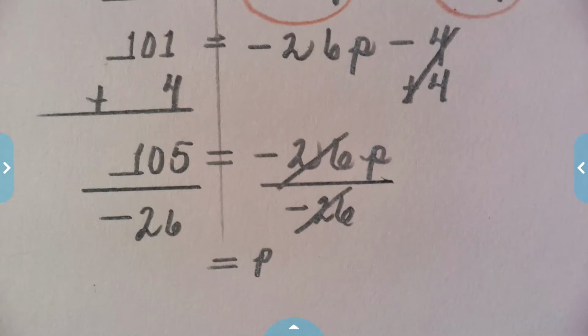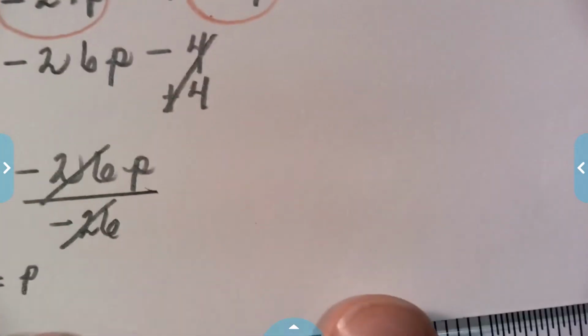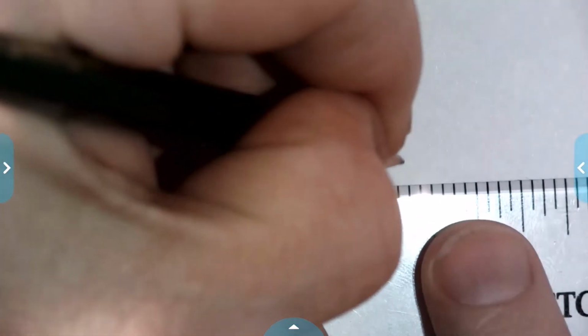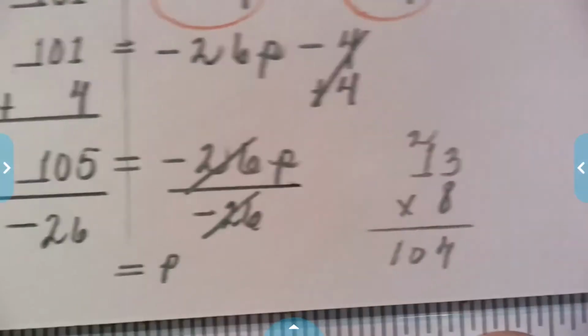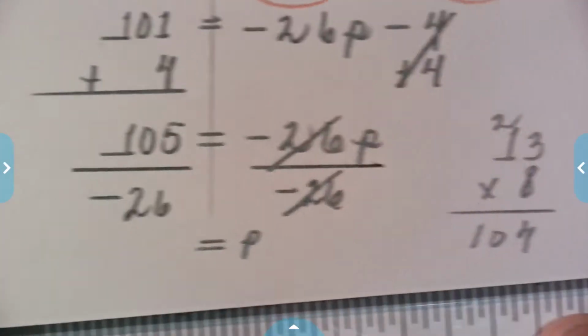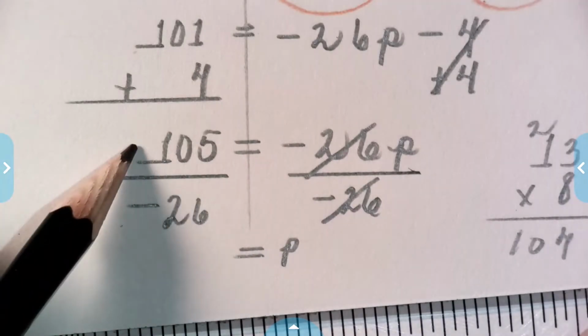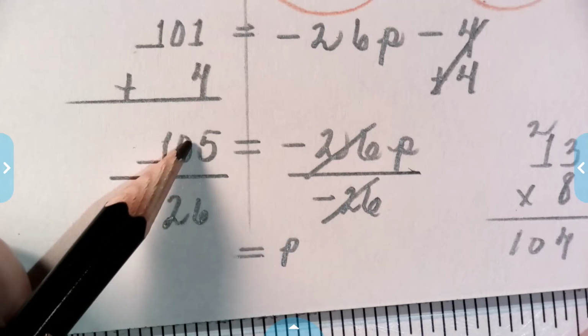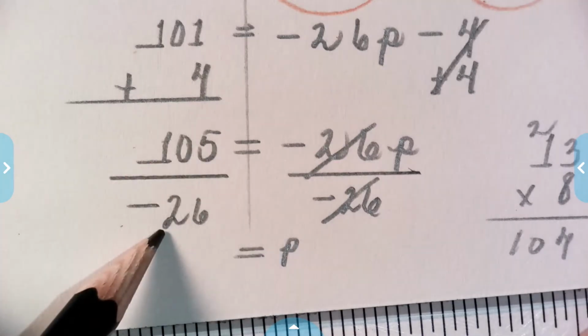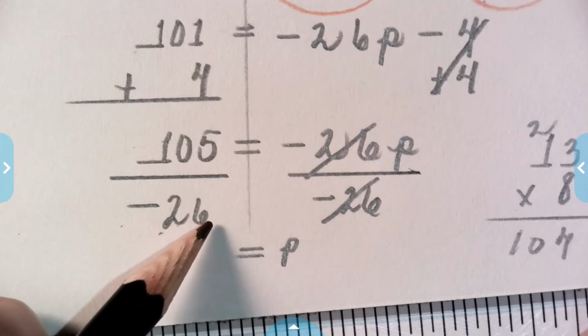Let me check that. 13 times 8, 104. Yeah, 104. Okay. So if I pull the 13 out, I'd still have a remainder of 1. If I pull the 13 out here, that would leave behind a 2.